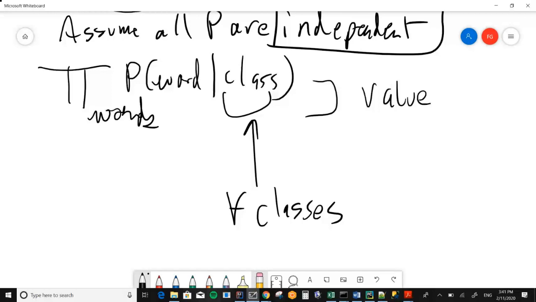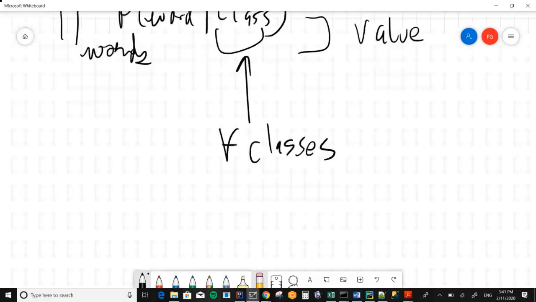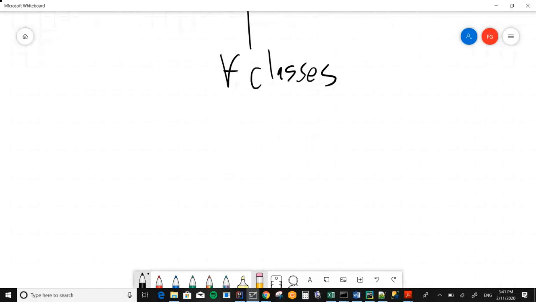So we've seen that it's naive. We've seen that it's a classifier. How is it Bayesian? Okay. What does Bayesian even mean? What's called Bayes' rule looks something like this.